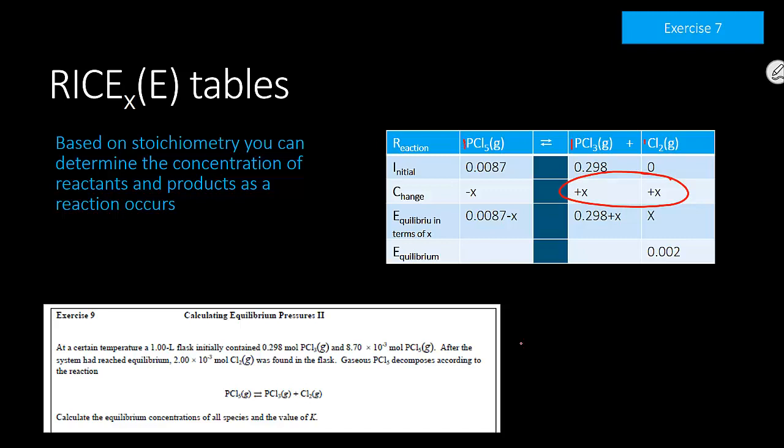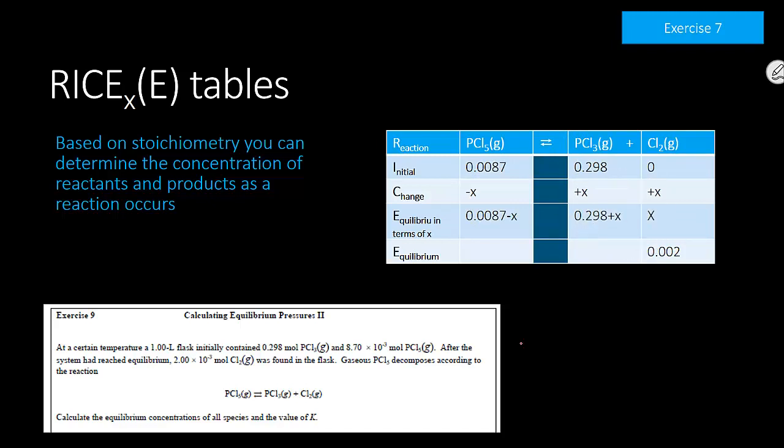So at equilibrium, the concentration of phosphorus pentachloride would be 0.008 minus whatever that change is. And phosphorus trichloride would be 0.3 plus whatever that change is.